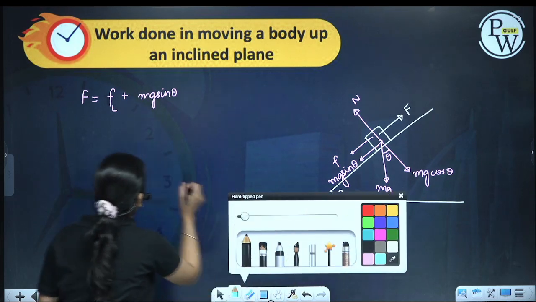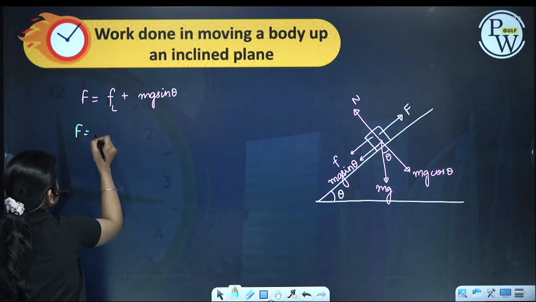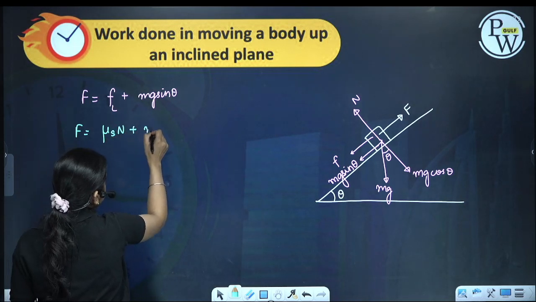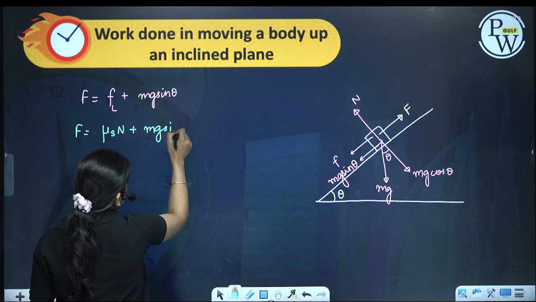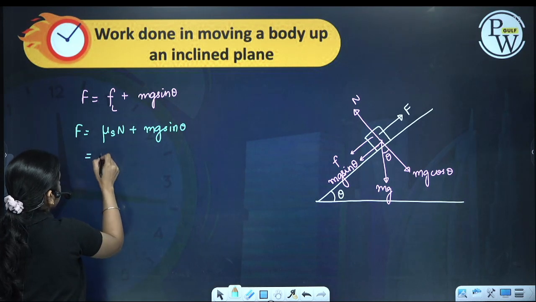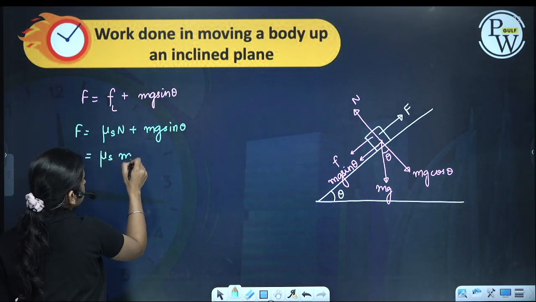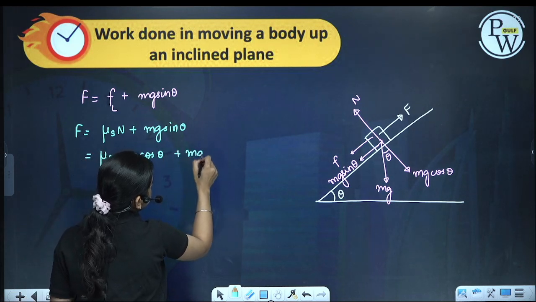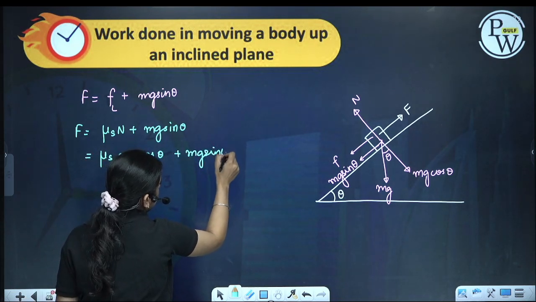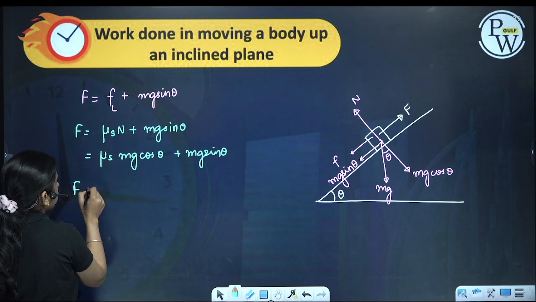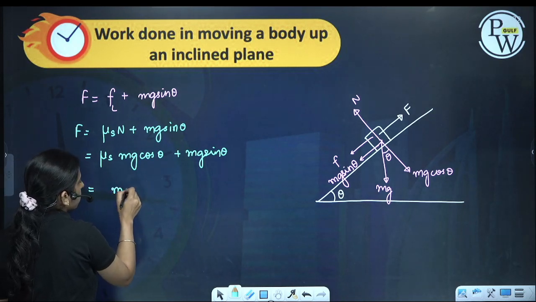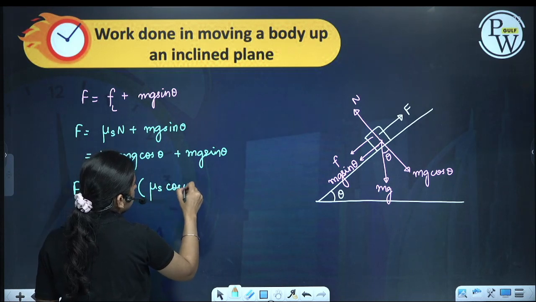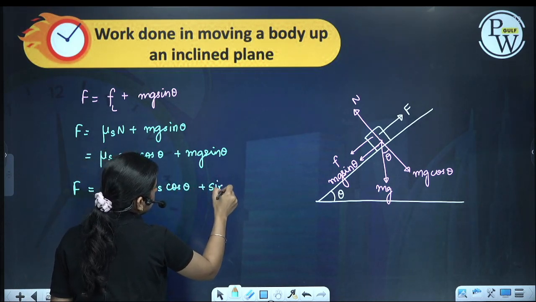So applied force is equal to fL plus mg sin theta, which is mu s times N plus mg sin theta. N is equal to mg cos theta, so F is equal to mg cos theta times mu s plus mg sin theta.